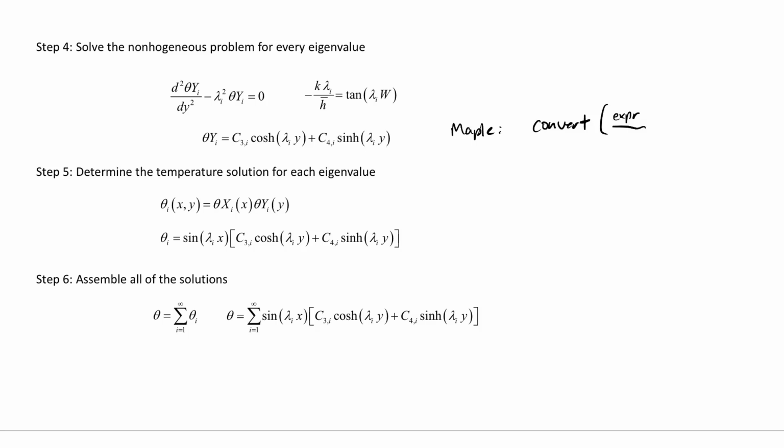Like, let's say this here was in terms of exponentials. So you'd write the expression there that you want to convert, and then there are different keywords that you can use to convert from one thing to another. So we would convert this to trig. You just write trig as it is there, no quotes or anything, and it'll take those exponentials and find an equivalent hyperbolic formulation for it.